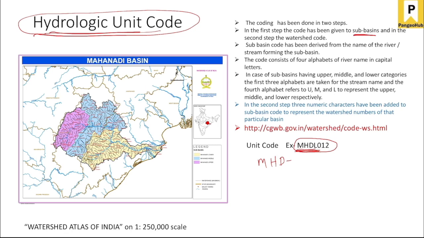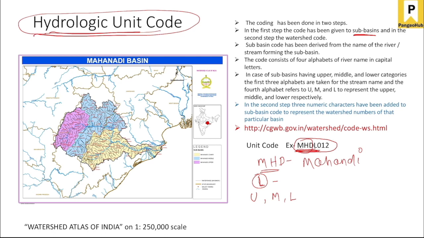Here MHD stands for Mahanadi. The last letter is L. L marks the sub-basins. Here the sub-basins are classified as upper, middle and lower. Here L stands for lower. That means MHD is Mahanadi, and L is for lower.